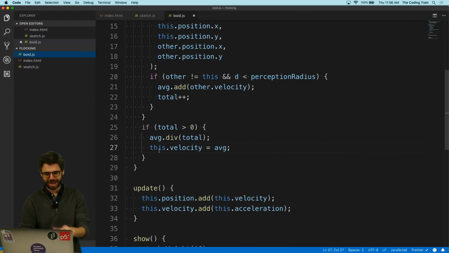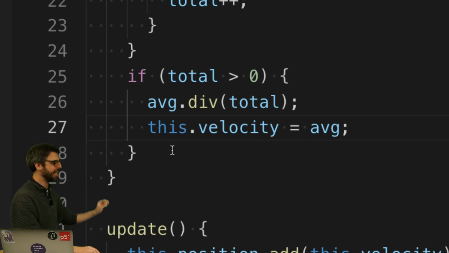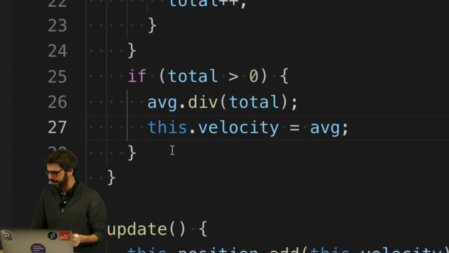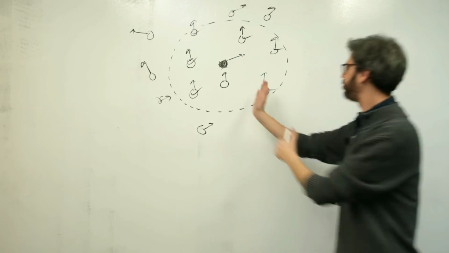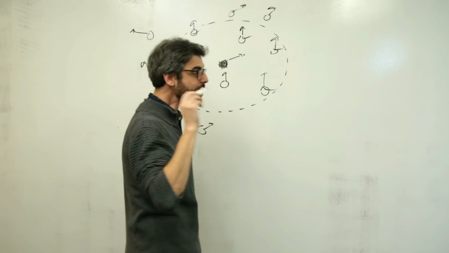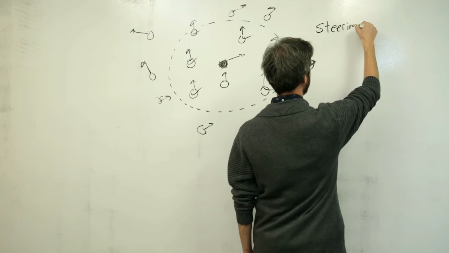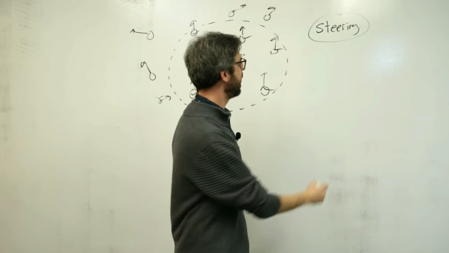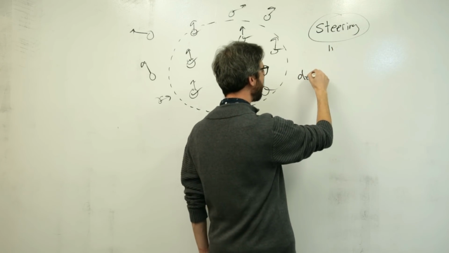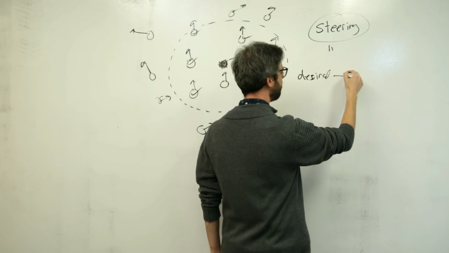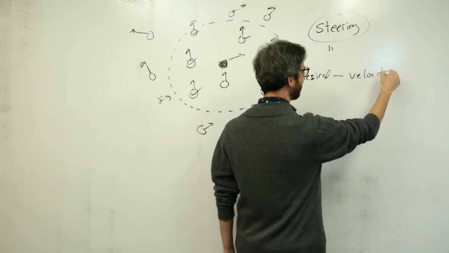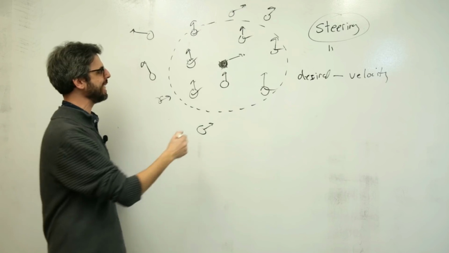What I need to do now is, if I don't want to assign its velocity to that average directly, I want to steer towards it. And this is where Craig Reynolds' steering formula comes in. A steering force equals some desired velocity minus the current actual velocity. It's kind of like the error, right?